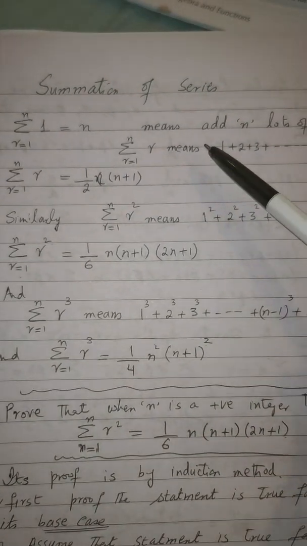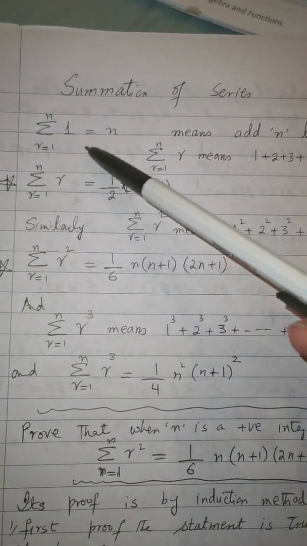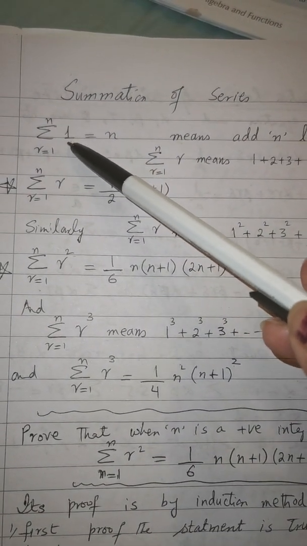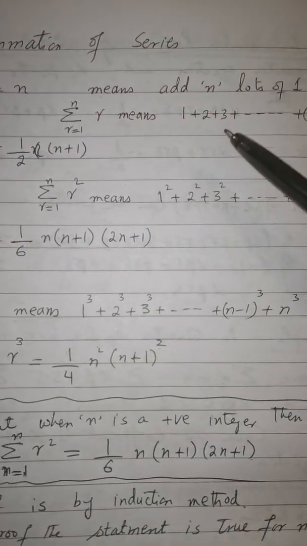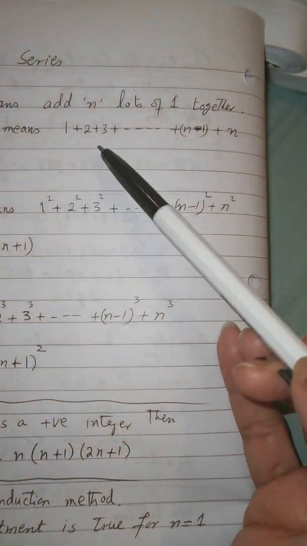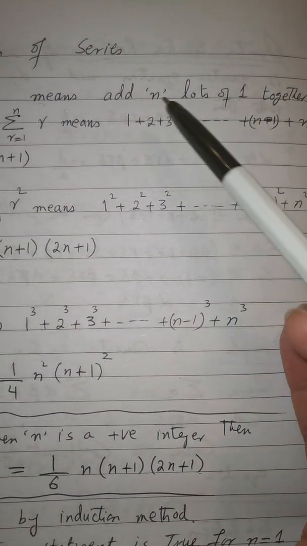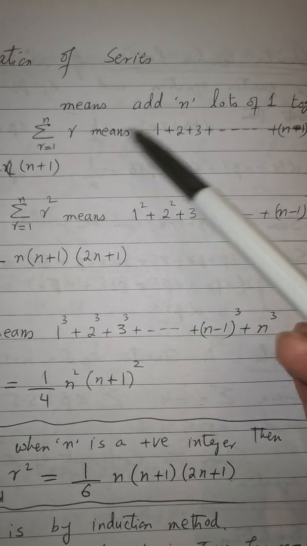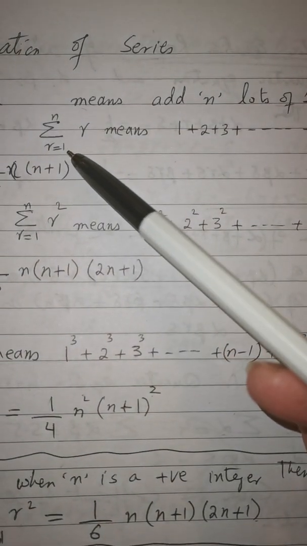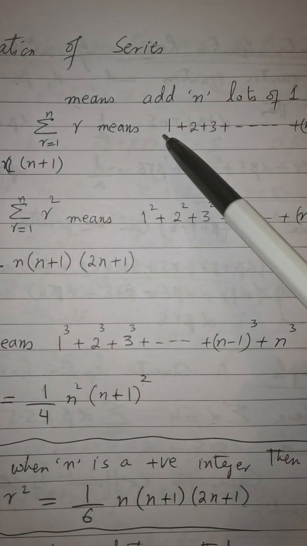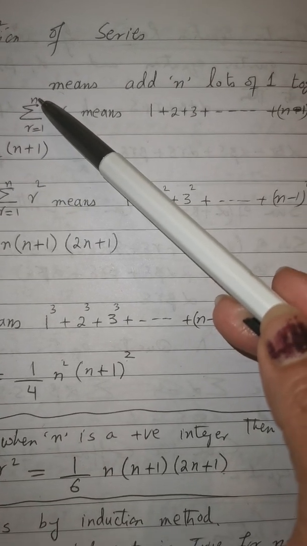It means that we will add n lots of 1 together, and our answer will be n, right? So if the series is 1 plus 2 plus 3 and go on up till n, then we can write it in summation form like that. Summation r is going from 1, which is the first value, towards the final value, which is n.